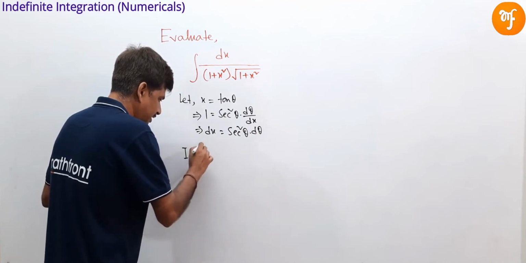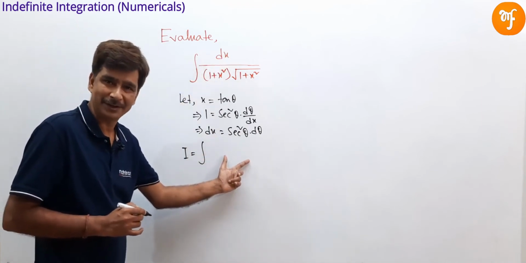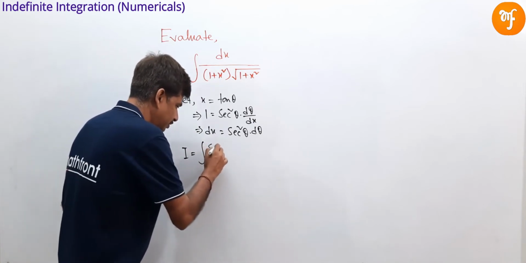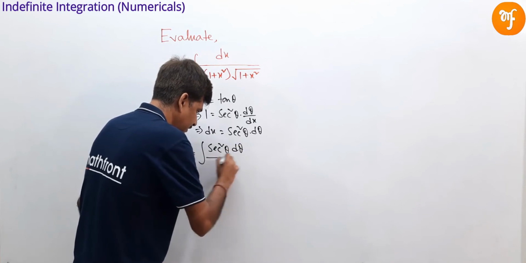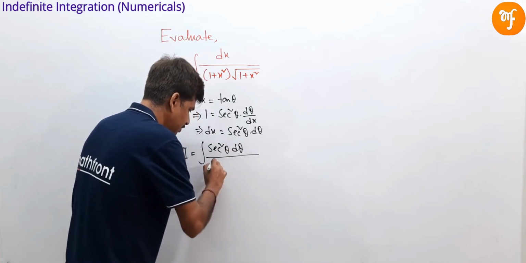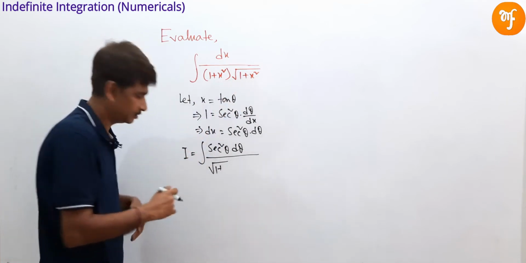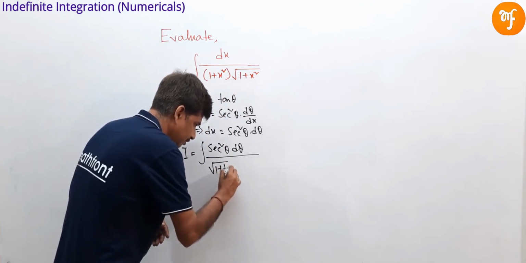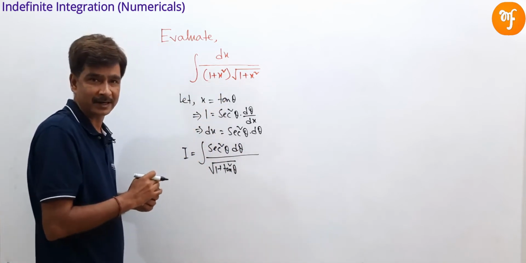The integration I is equal to, instead of dx we can use sec square theta into d theta. So writing sec square theta into d theta instead of dx, divided by square root of 1 plus tan square theta into 1 plus tan square theta.